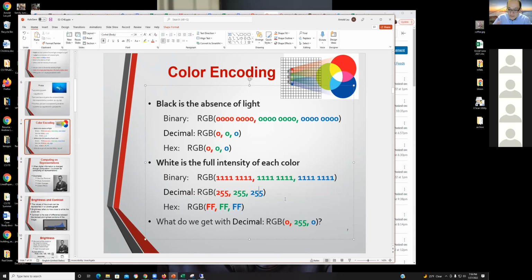That's why we're talking about going from 0, or black, to 255 for full intensity, which is white. There are shades of gray in between. But when you start to mix the colors up and down, let's say red, green, and blue have different values.